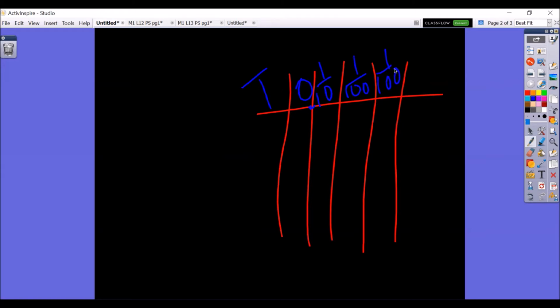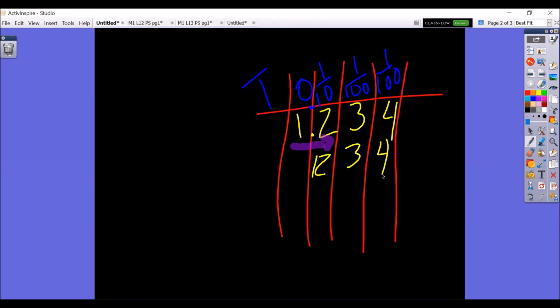So if I had the number 1 and 234 thousandths. Remember a couple lessons ago when we decomposed, we can decompose down to the tenths place. So we take all of our number and we just decompose it down to our tenths place.